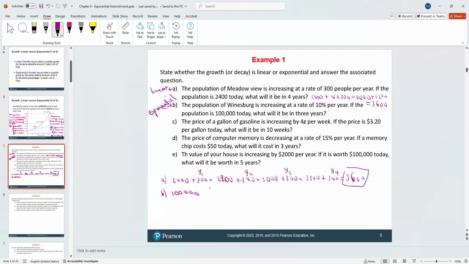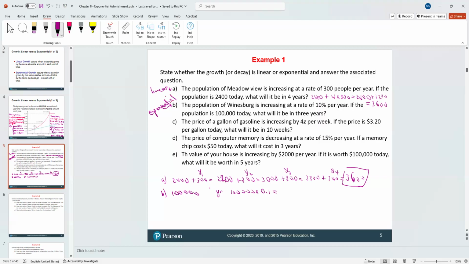So for year one, you take 10% of 100,000. You multiply 100,000 by 10%. 10% means 0.1.